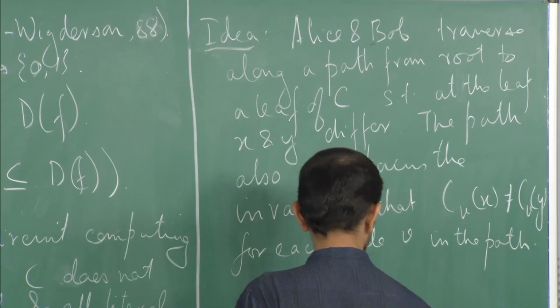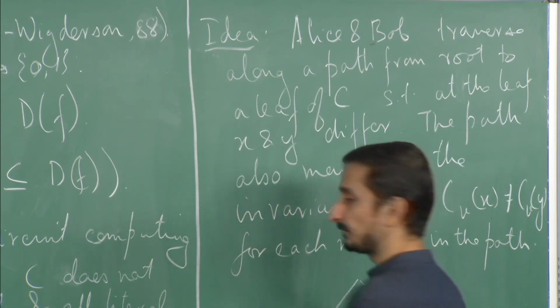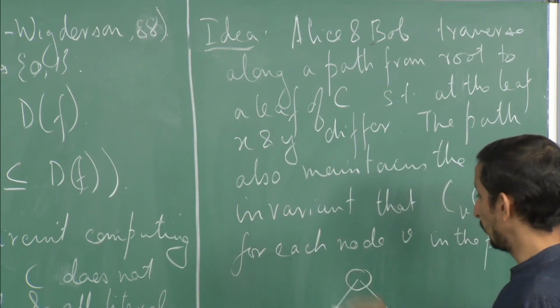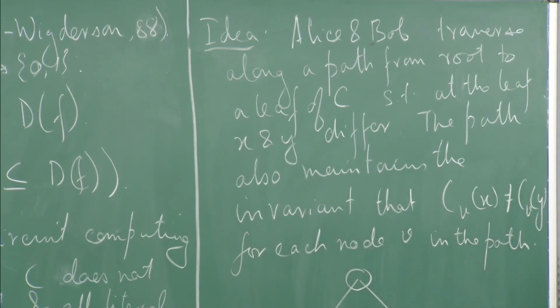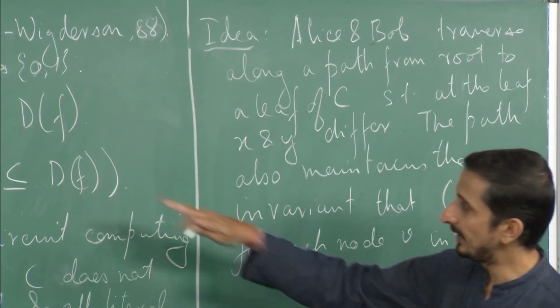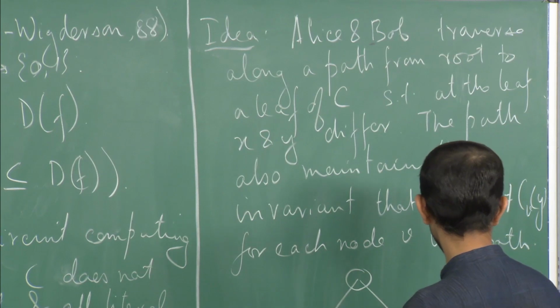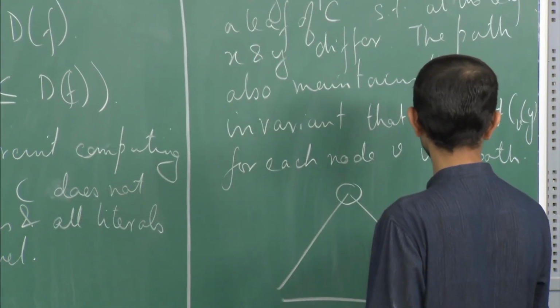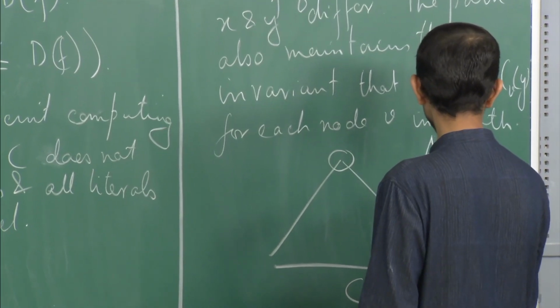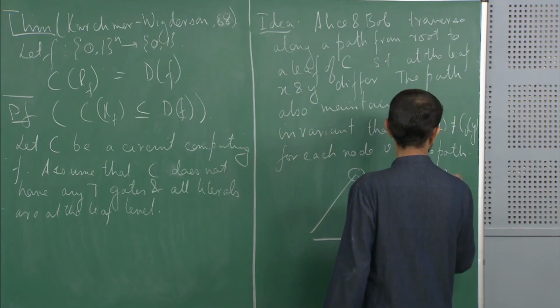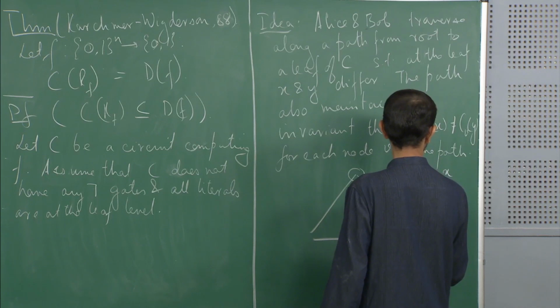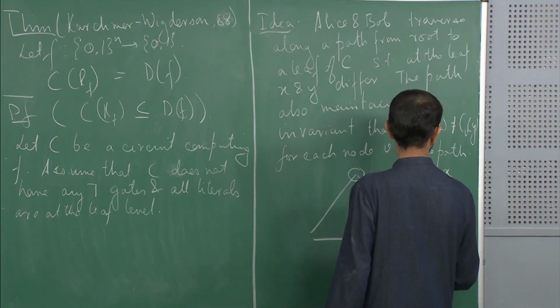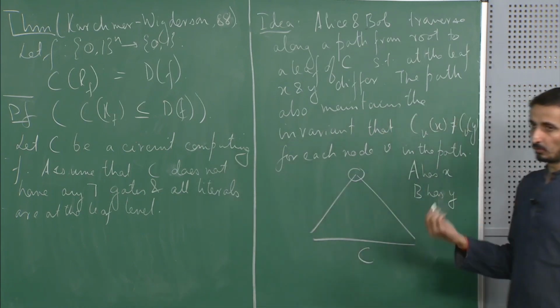So suppose I have a circuit. I start at the root. What do I know at the root by my input? Alice has X and Bob has Y. What else do we know?